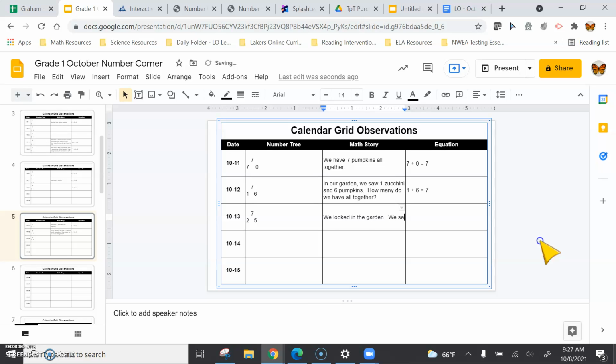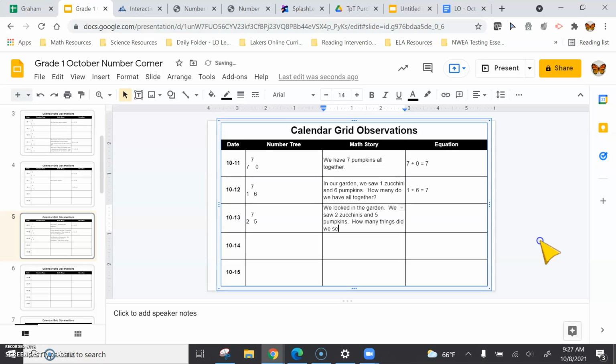We saw 2 zucchinis and 5 pumpkins. How many things did we see in all?